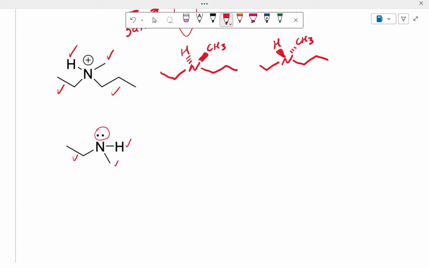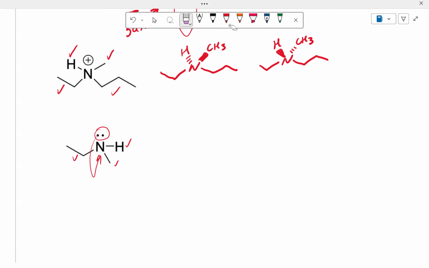So, yes, technically, there are four different groups around that nitrogen. Here's why this is a trick question. This nitrogen is rapidly flipping, rapidly exchanging two groups, because this is just a lone pair. So that lone pair might be up here sometimes. Sometimes it can flip around here and the hydrogen will go up here.